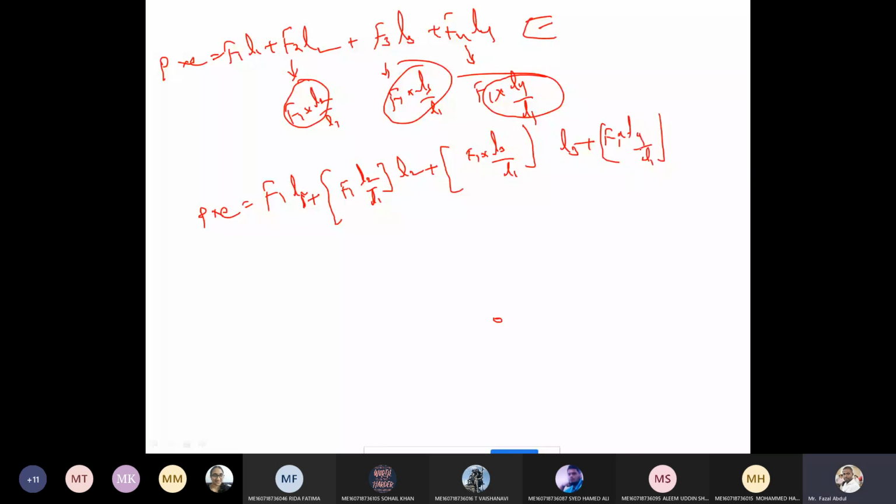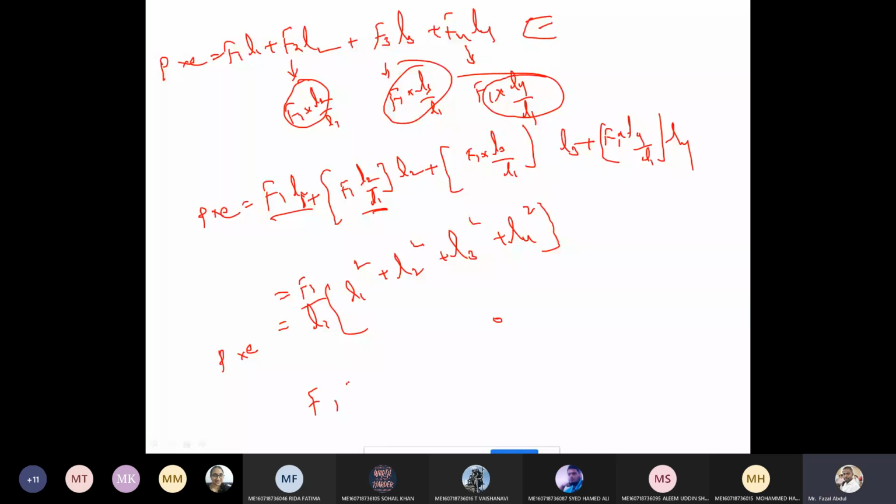So in this equation, F1 and L1 are common. I'm taking F1 by L1 outside. Now the rest of the things are L1 square plus L2 square plus L3 square plus L4 square. These are all equal to the moment on the system. Okay. So from this equation, we are going to calculate the F1 value in terms of newtons.